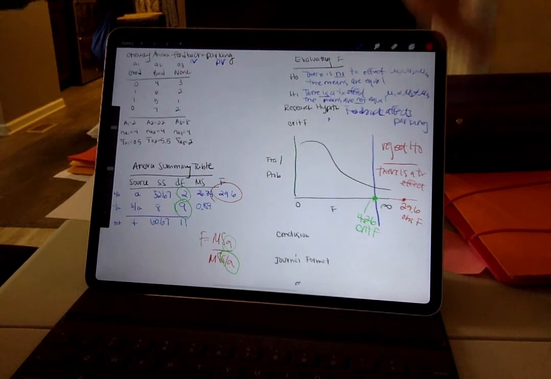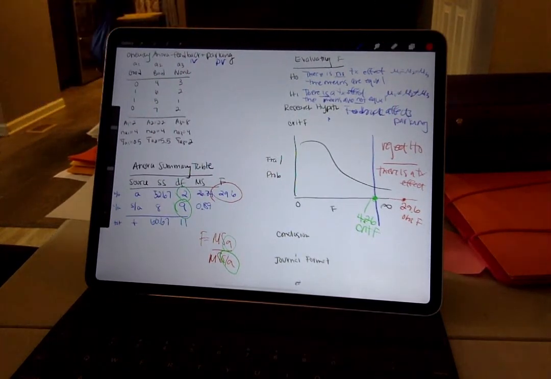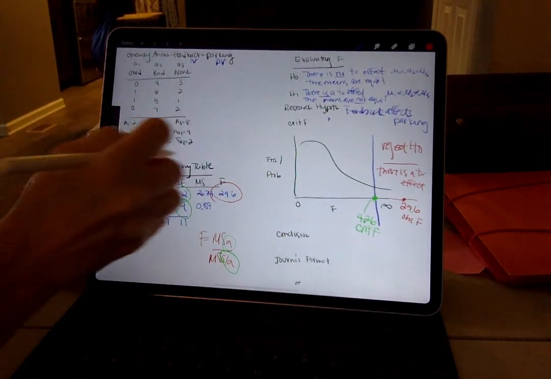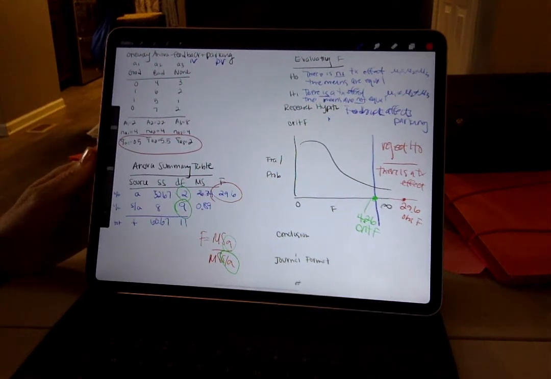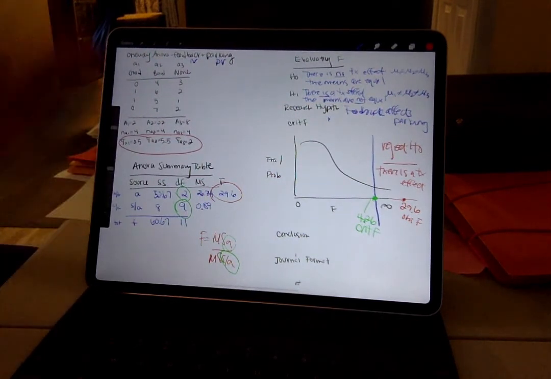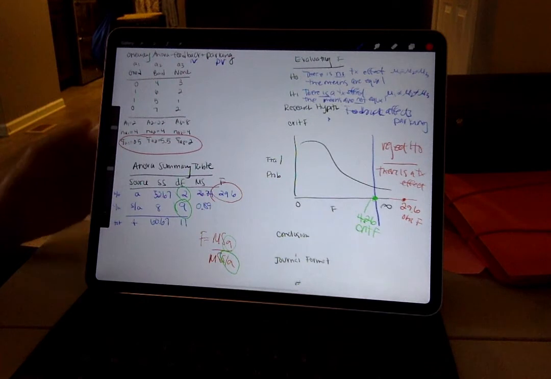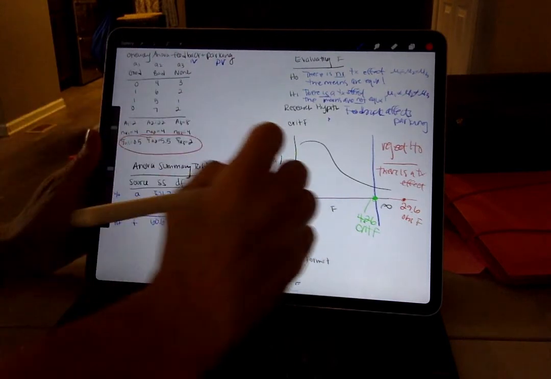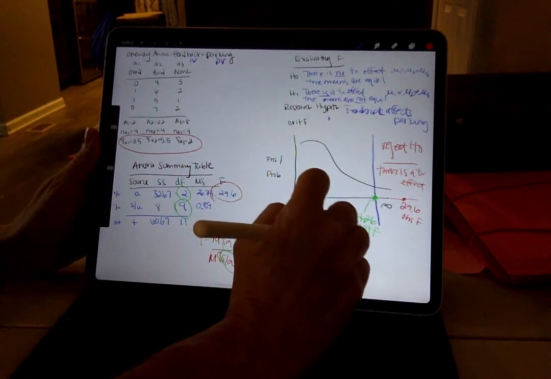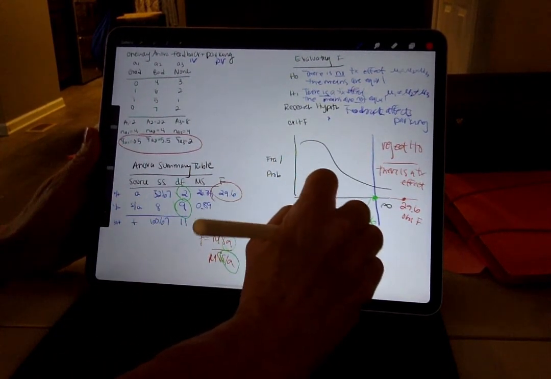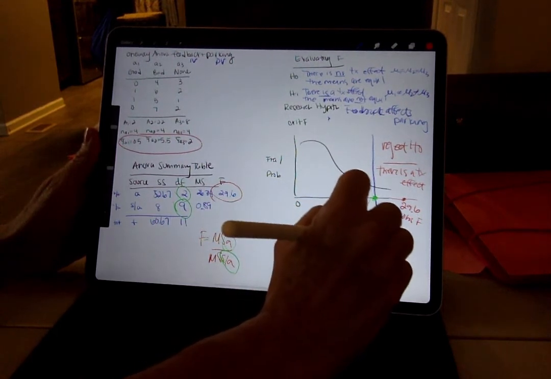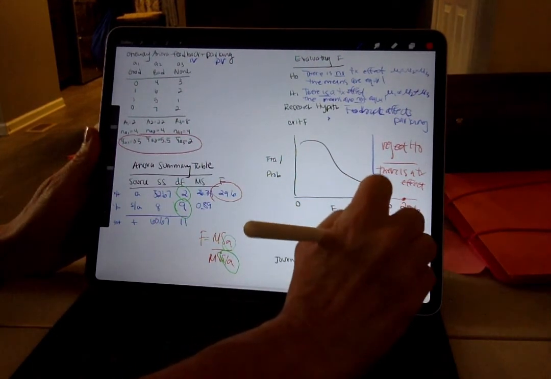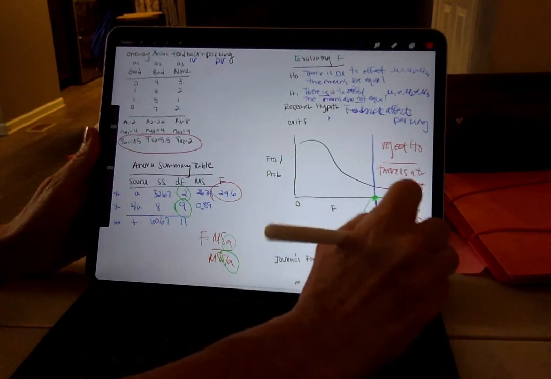So when we reject, it means there is a treatment effect, which means that the means are not equal, which means that there is something going on. So in this particular problem, when we're looking at the relationship between feedback and parking ability, if we reject the null hypothesis, it means feedback affects parking ability.